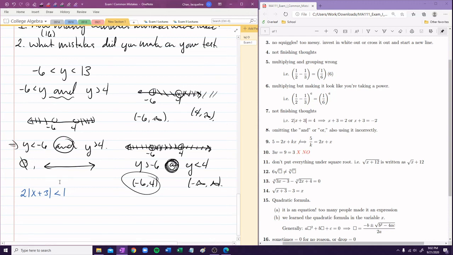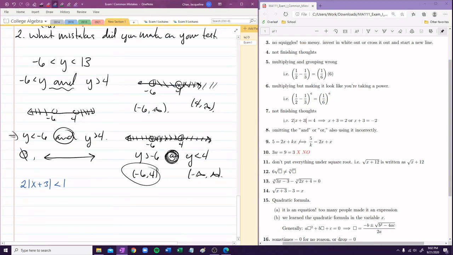However, some of you did not isolate this, so I'm going to pick a better number. I'll say 4. Okay, some of you did not divide 2 from both sides. You just told me 2x plus 6 less than 4, and then 2x plus 6 greater than negative 4.